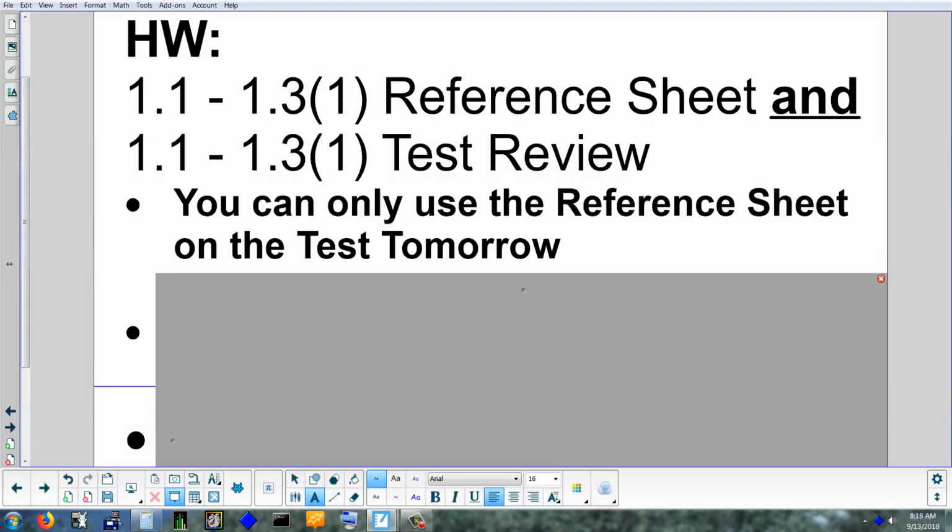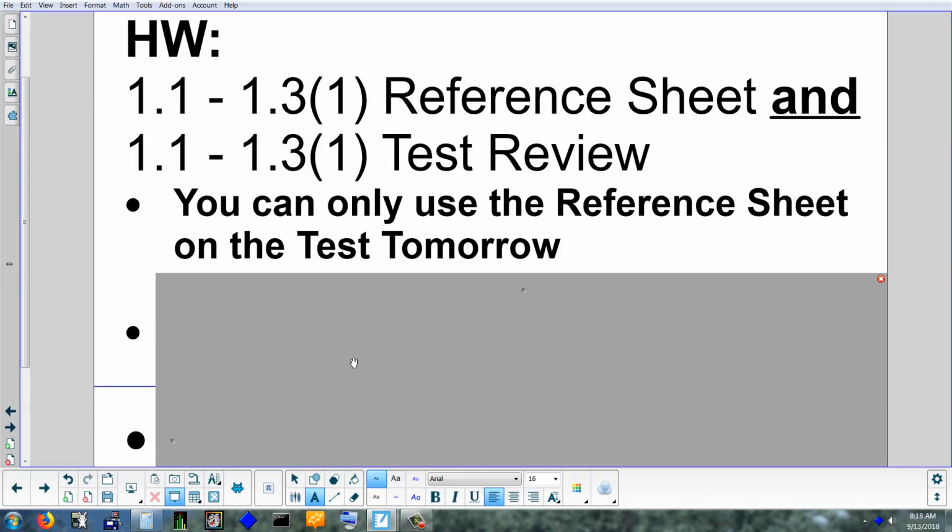Remember, the test review I'm going to give you has the different problems on it. With the reference sheet, you're going back to your notes and finding the examples. The test review is using your reference sheet, writing the example that's similar to the one on the test review. So it probably makes sense to do the reference sheet first.